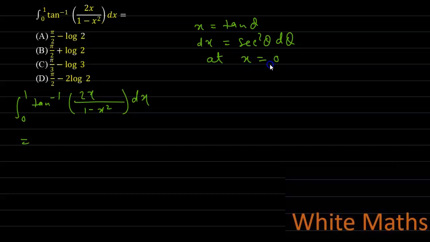at x equal to 0. At x equal to 0, this will become 0 equal to tan theta. That means theta is also 0, and at x equal to 1, this will become 1 is equal to tan theta.